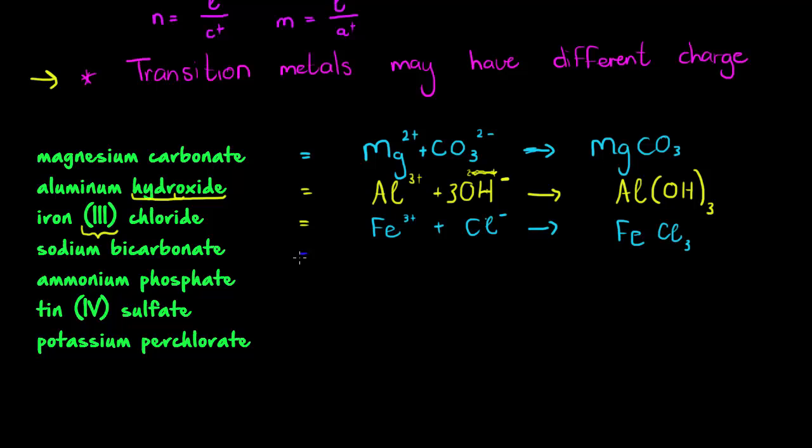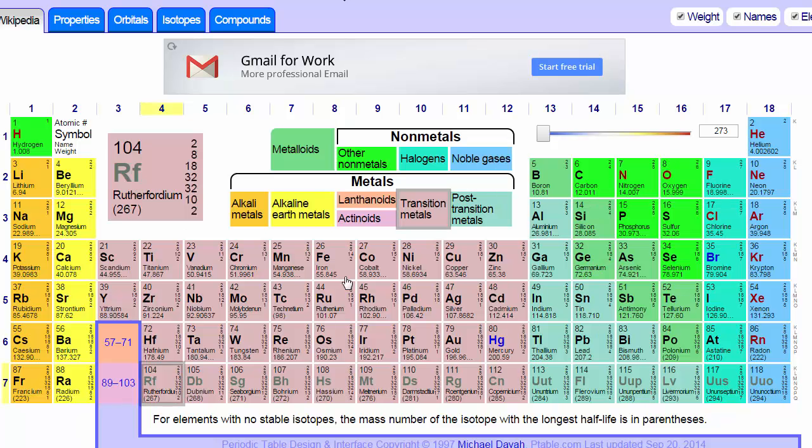Okay, the next one we have is sodium bicarbonate. Now sodium is in group 1. We've used that one so many times, I'm sure. You know sodium has a 1 positive charge. Bicarbonate. Can you remember what bicarbonate is? Well, the bi tells me I've got a hydrogen. The carbonate we know is a polyatomic ion.